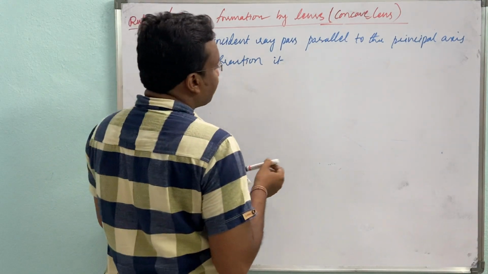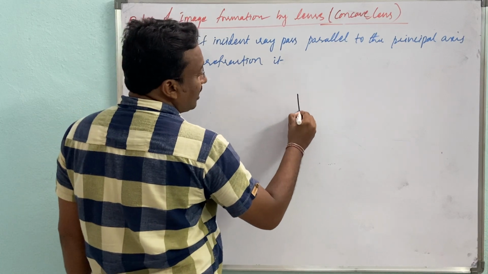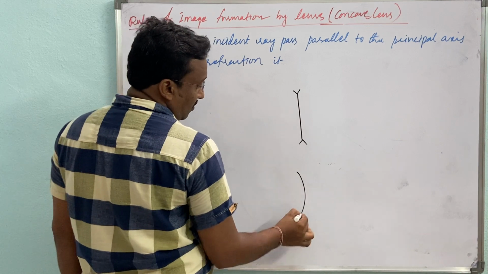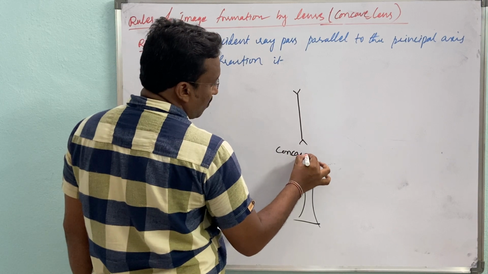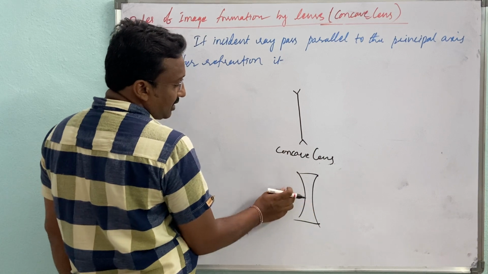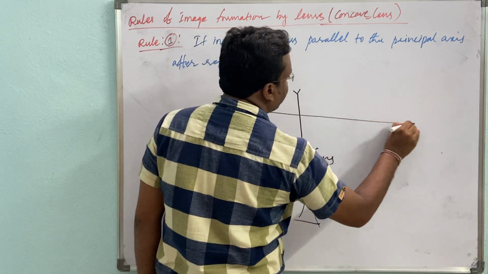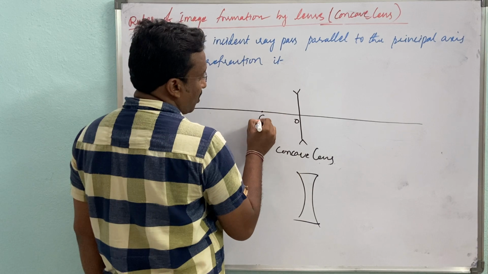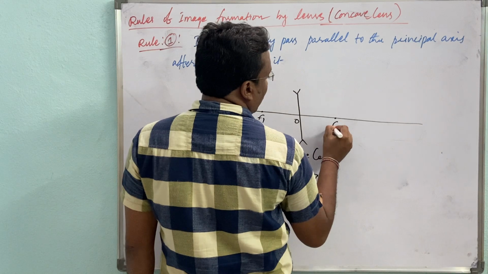See here, the biconcave lens symbolic representation is this. Actually we draw like this: this is convex lens, and this is concave lens. The concave lens symbolic representation is this, alright. Okay, see, optic center, focus, center of curvature. Got it?